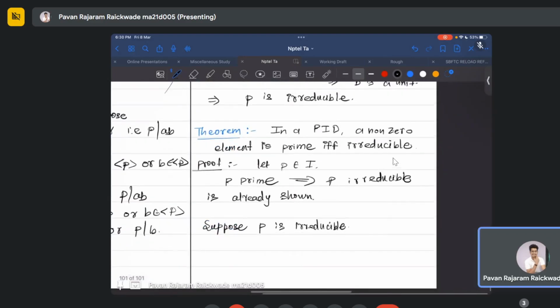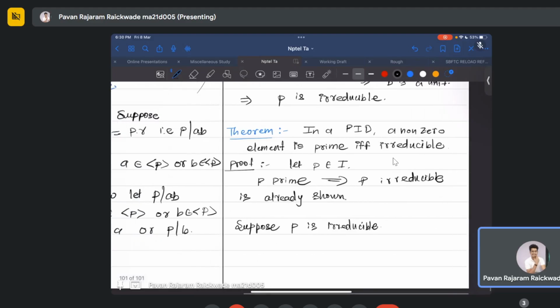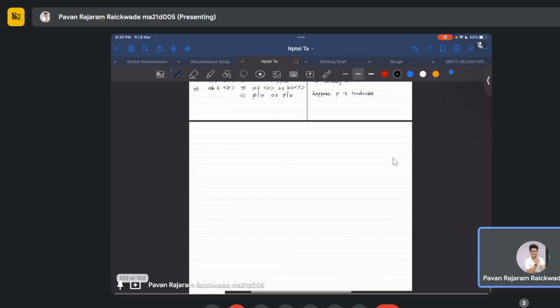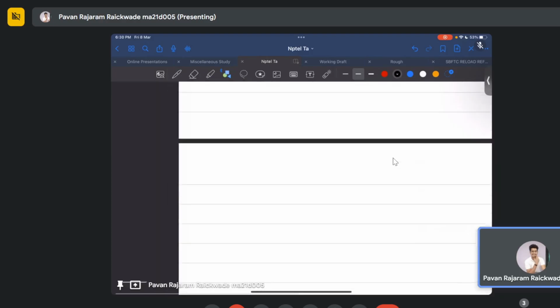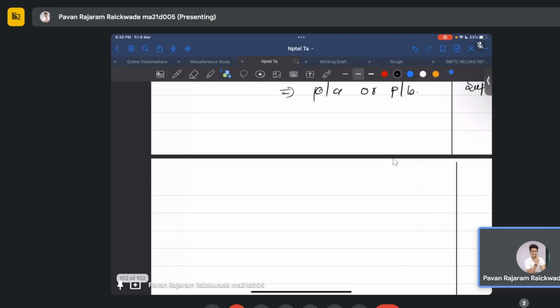So what we will try to show is that the ideal generated by P is a maximal ideal. So our claim will be: the ideal generated by P is maximal.